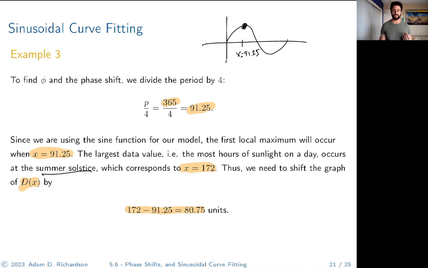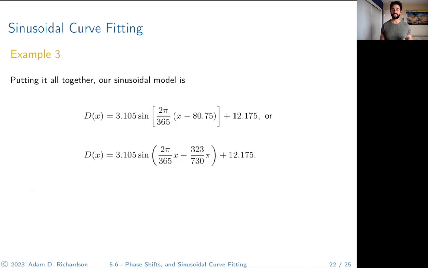So we took the difference, right? We took the difference. Because we're shifting the graph of d of x by that many units, that value is our phase shift. So this is the number phi over omega. That's the actual phase shift of the data.